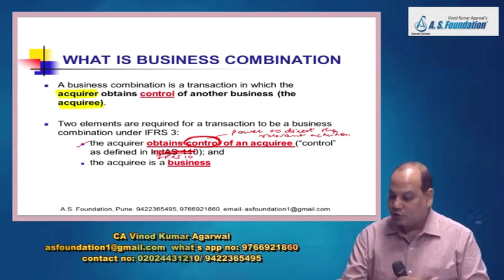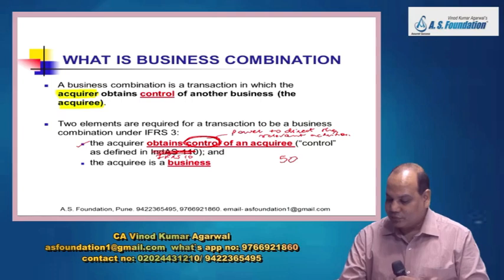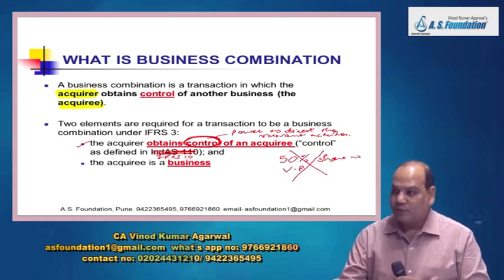This IFRS does not state that if you have more than 50% share in voting power, then you have control. No. Of course, this is a very strong indicator of control.